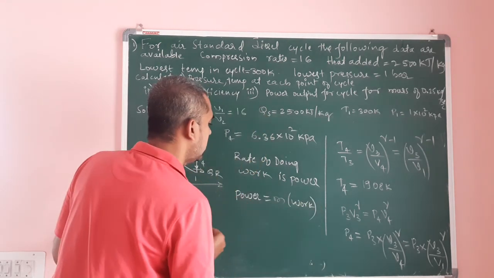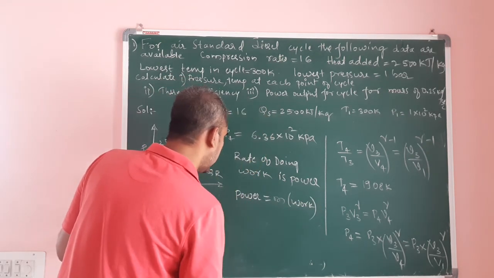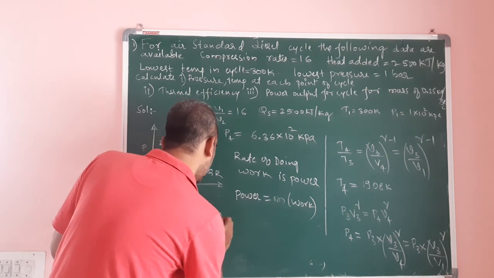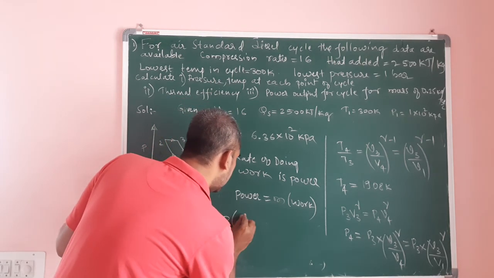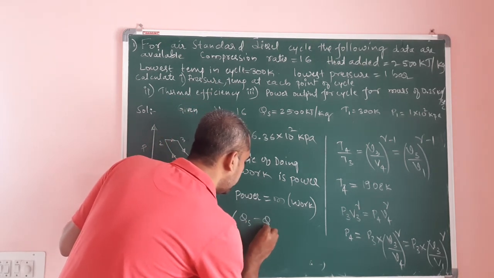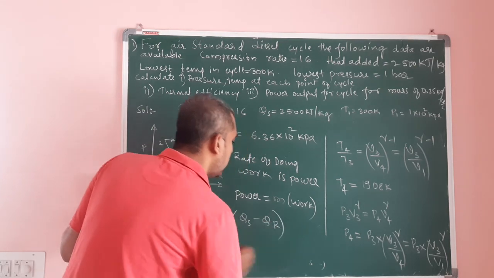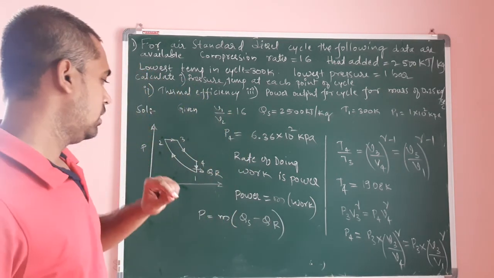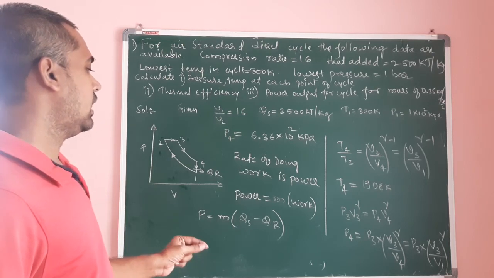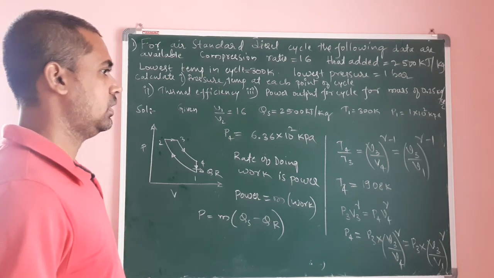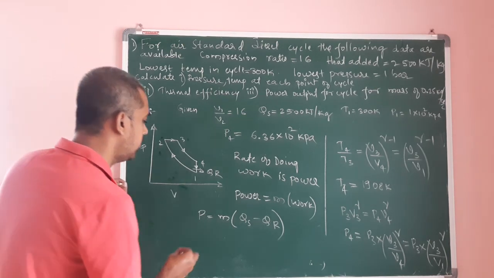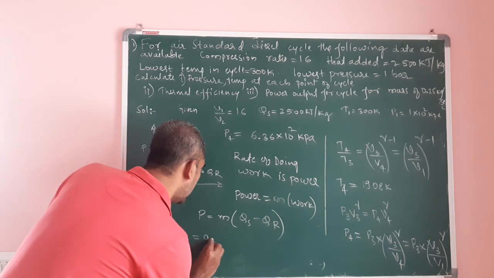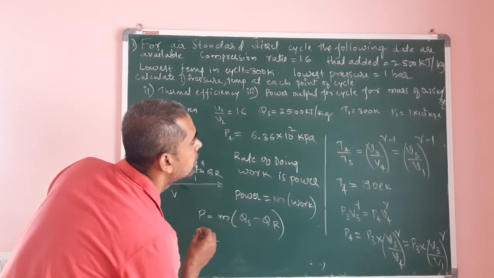Therefore power is equal to M into work done, which is nothing but heat supplied minus heat rejected, because it is a cyclic process. For a cyclic process, net work done is equal to net heat transfer. That is from the first law of thermodynamics. M dot is 0.25.